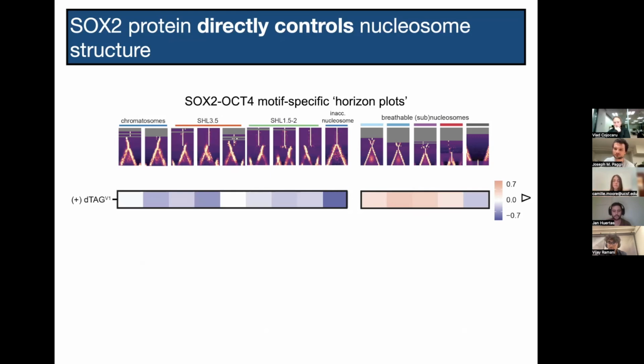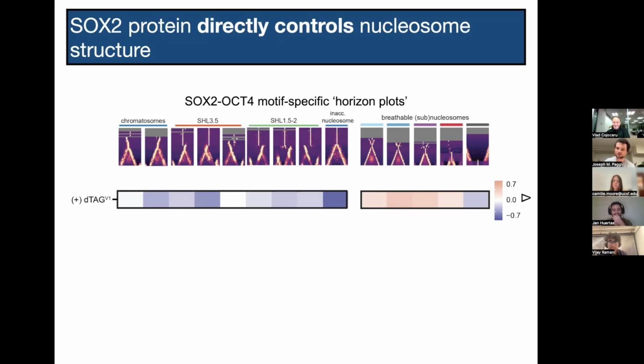Patrick Cramer's group published a Nature paper several years ago of SOX2 bound to a nucleosome, and surprise, surprise, it's also bound at SHL2. That structure is difficult to reconcile with Nico Thoma and Dirk Schübeler's work, which shows SOX2 nicely bound at the entry-exit point of the nucleosome.